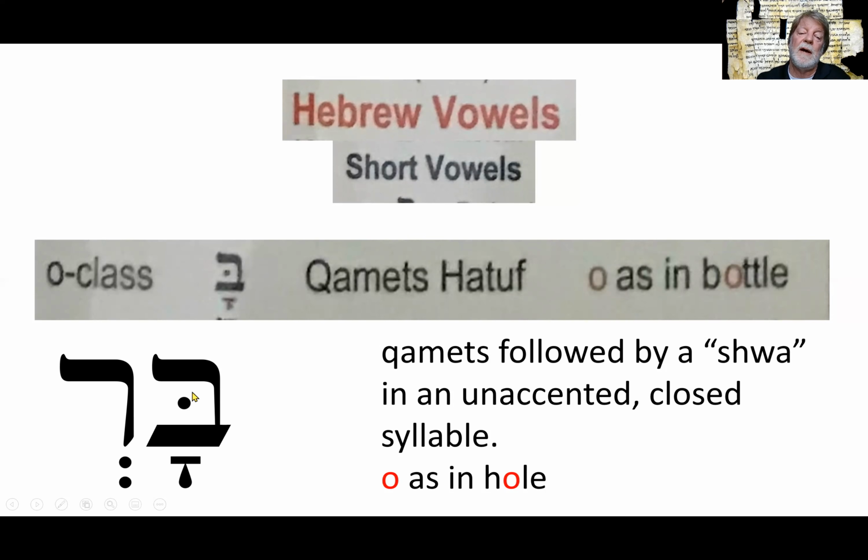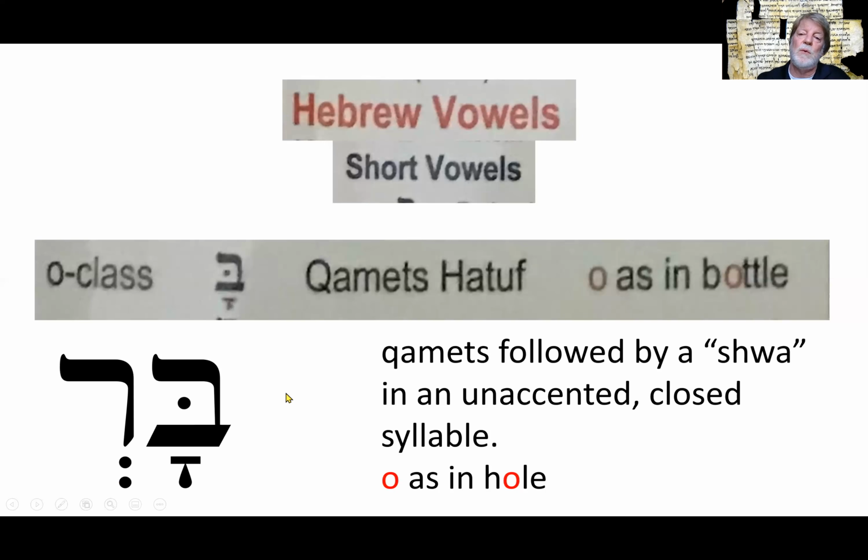So this would be pronounced boer, and the shva would be silent. Sometimes the shva is pronounced, but it's pronounced quickly, and sometimes it's not pronounced at all. It's just taking up a space underneath a consonant to show that there's no vowel sound connected with this consonant.